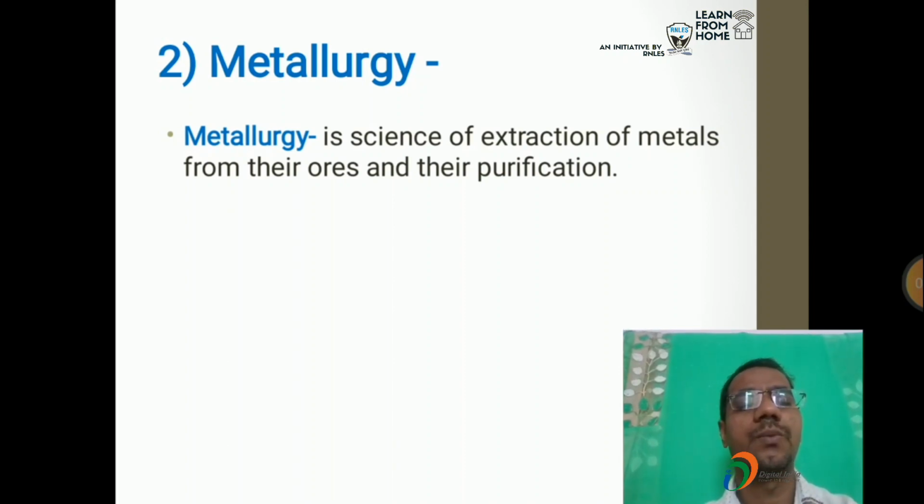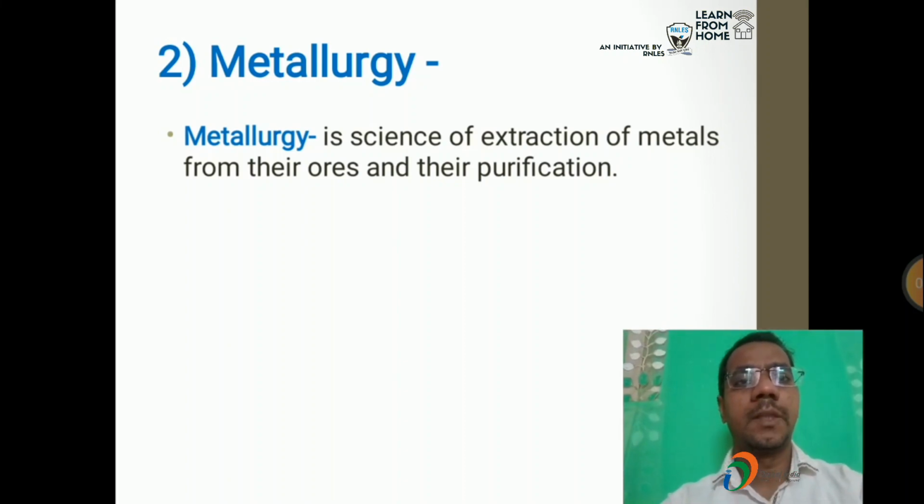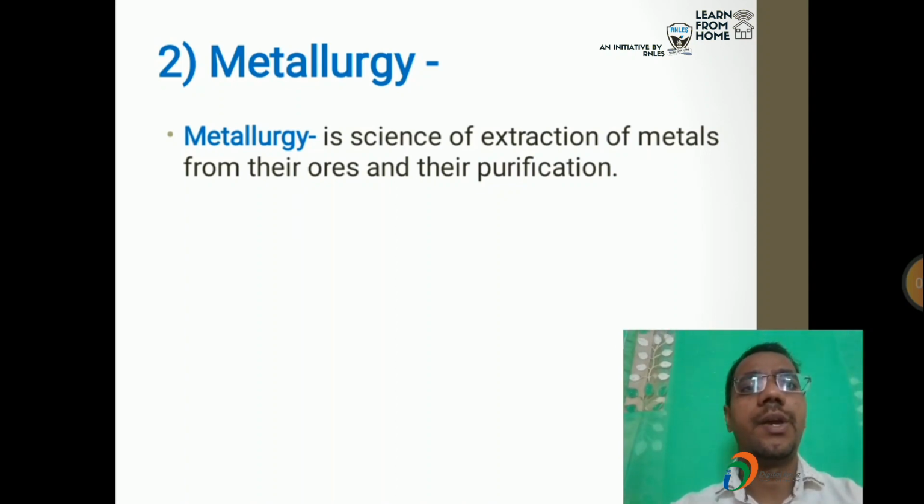It means we are obtaining the metals. How can we obtain the metals? From their ores. What are ores? Ores are the compounds in which metals are present. Understood? So from this ore we can extract, we can isolate metals.